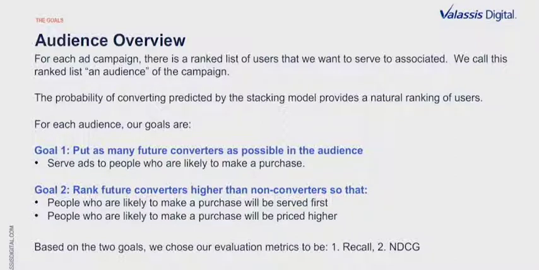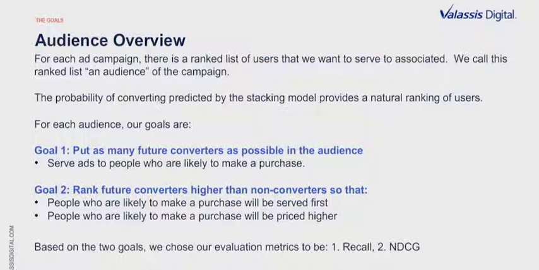For each audience, we have 2 goals. The first is we want to put as many future converters as possible in the audience, so that we could serve ads to people who are more likely to make a purchase. The second goal is we want to rank future converters higher than the non-converters, so that those converters could be served first and also priced higher. Based on the two goals, we came up with two evaluation metrics.